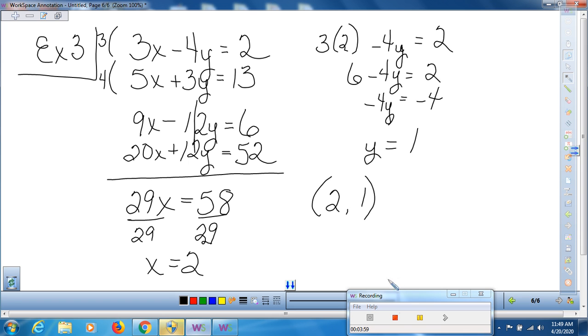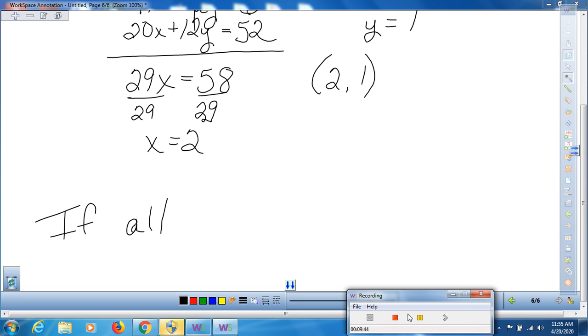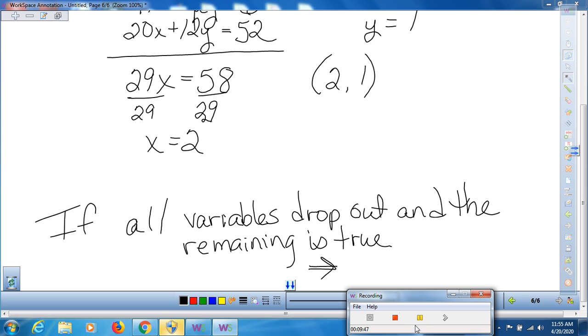So there are a couple things I want to remind you of as we continue today. When you are solving, if all variables drop out and the remaining is a true statement, such as 0 equals 0 or 3 equals 3, this is infinitely many solutions.